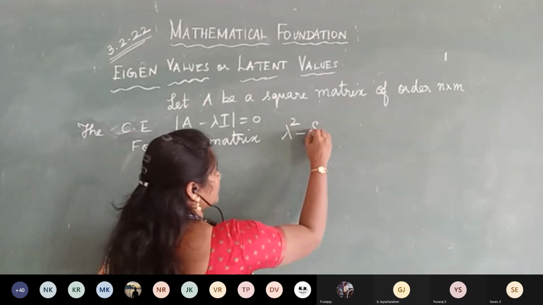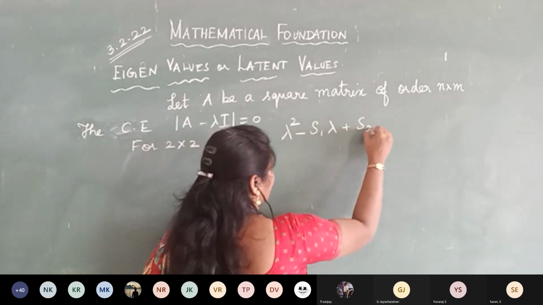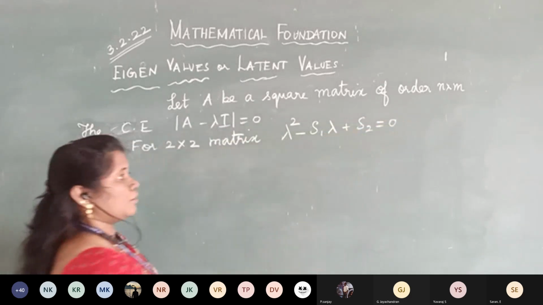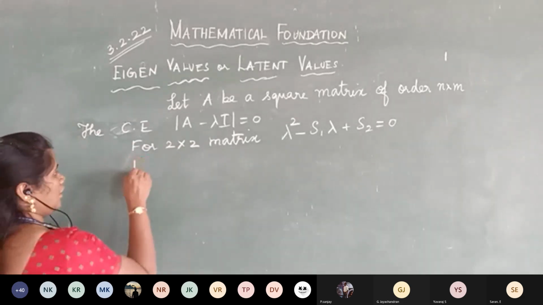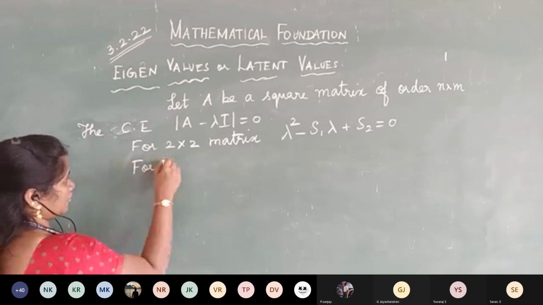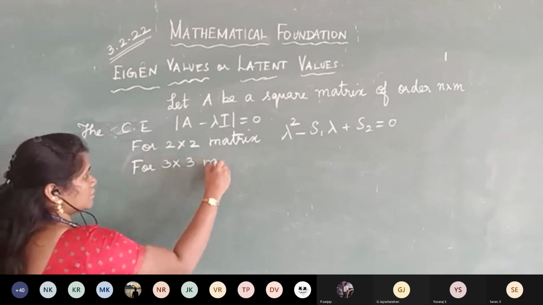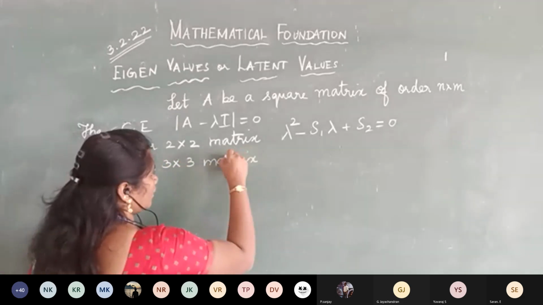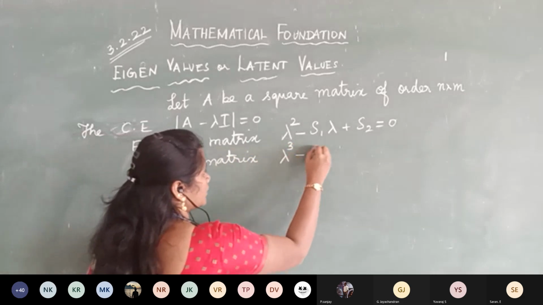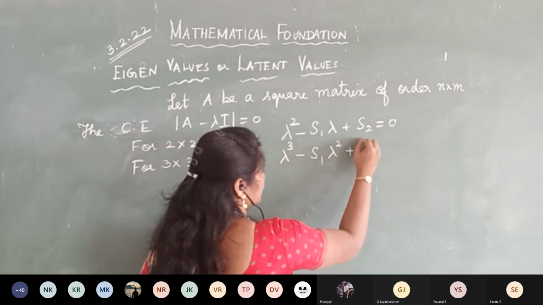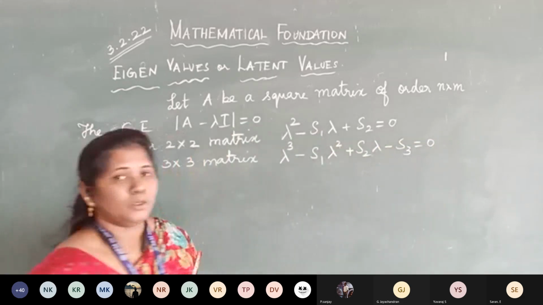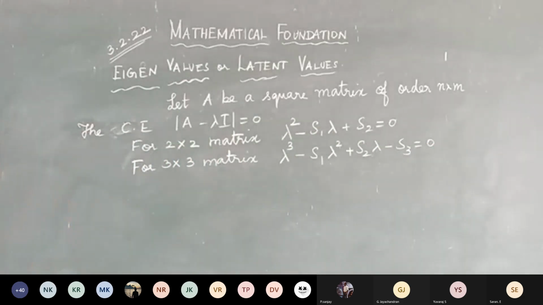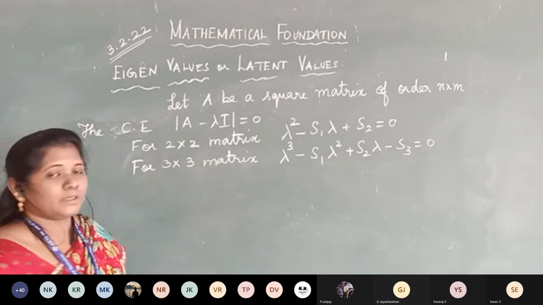Lambda square minus S1 lambda plus S2 equal to 0, where S1 is the sum of the main diagonal elements, S2 is the determinant of A. For a 3 cross 3 matrix, your formula will be lambda cube minus S1 lambda square plus S2 lambda minus S3 equal to 0. You have to write your expansion also. So this will be the characteristic equation.